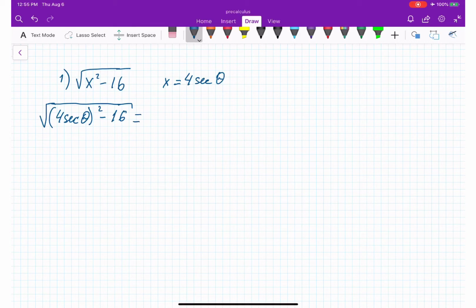That is equal to 4 squared is 16, and secant theta squared will be secant square theta, minus 16.